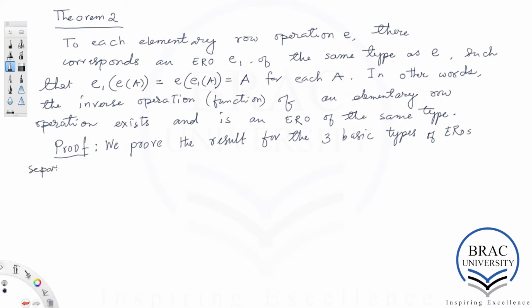Okay, so let's consider the first type. For the first type, the elementary row operation was to multiply a single row of the given matrix A by a non-zero scalar C. Okay, that was the first type.